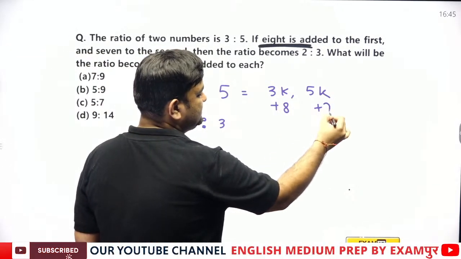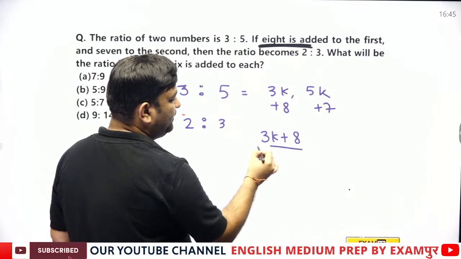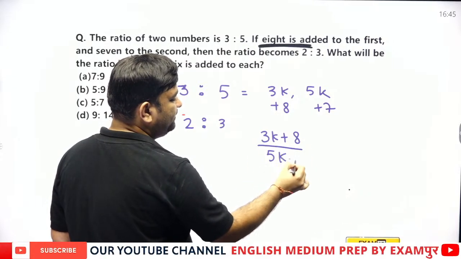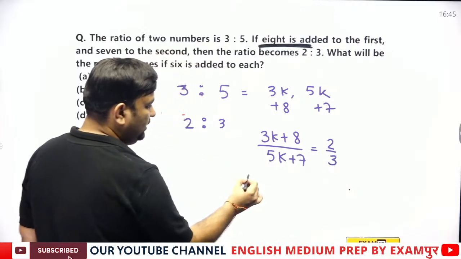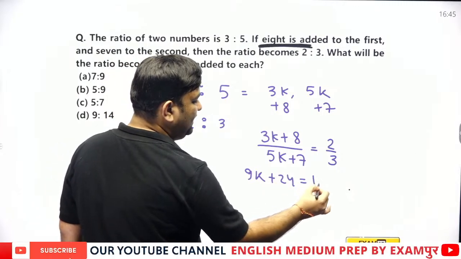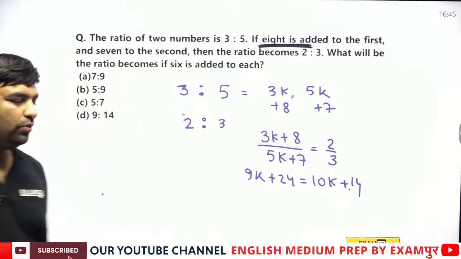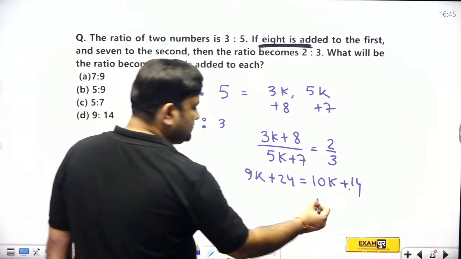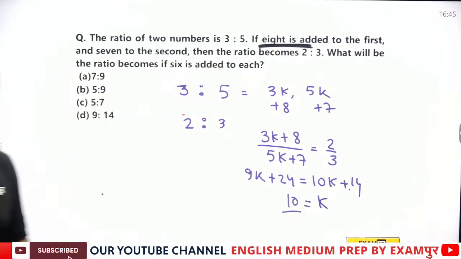So (3k plus 8) divided by (5k plus 7) is in the ratio 2:3. 9k plus 24 is equal to 10k plus 14. So k is equal to 10.